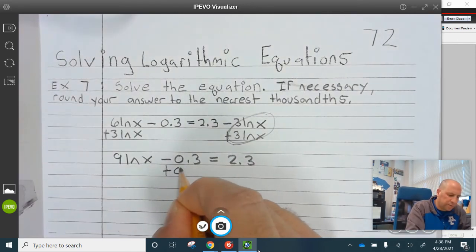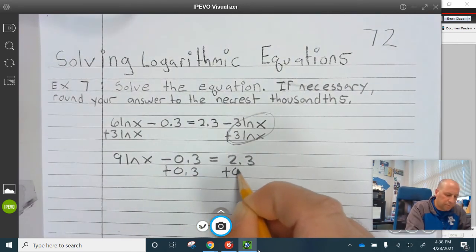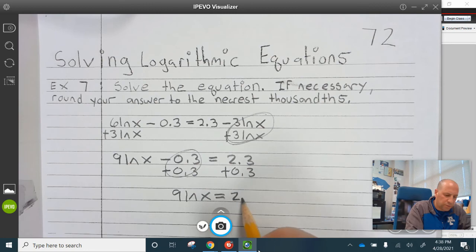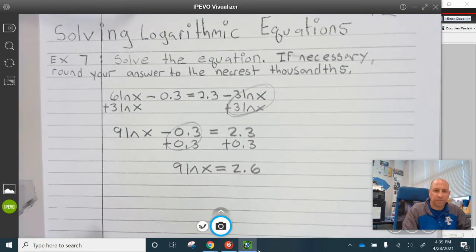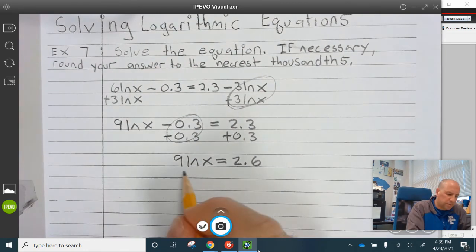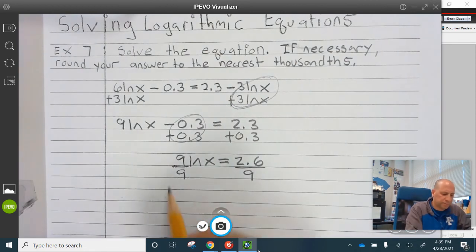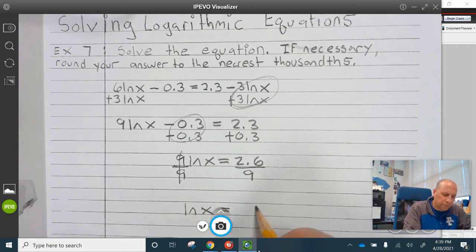Let's add 0.3 to both sides. That becomes 0. You get 9 natural log of x equals 2.6. Let's divide both sides by 9. You have natural log of x equals 2.6 divided by 9.